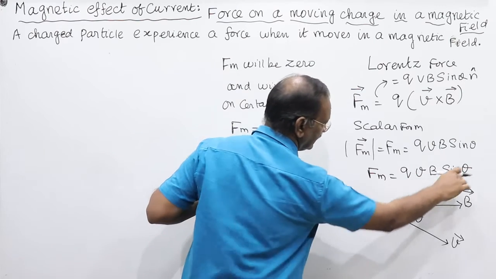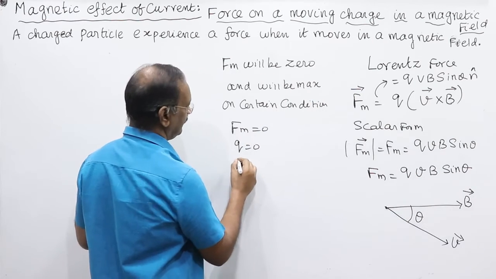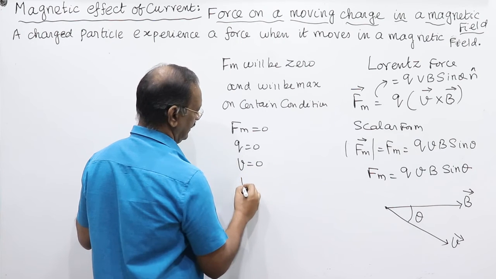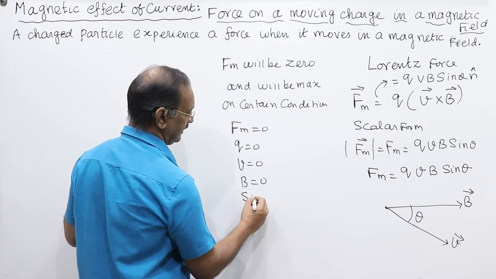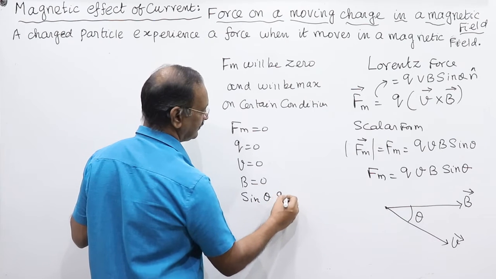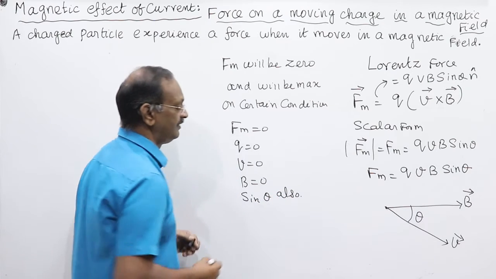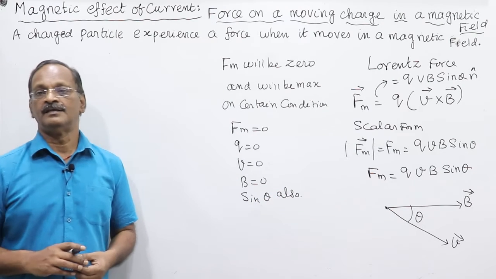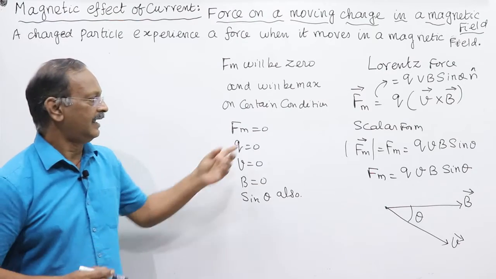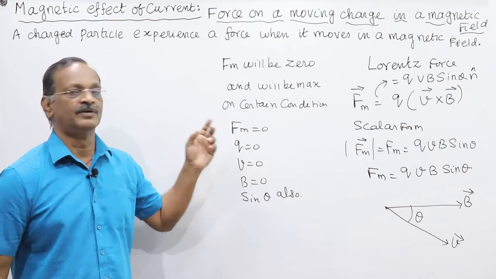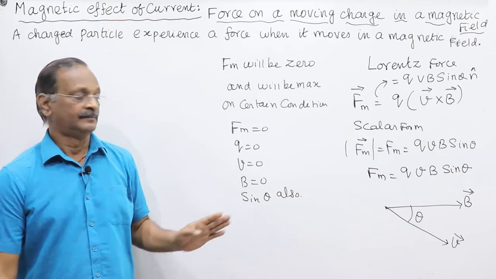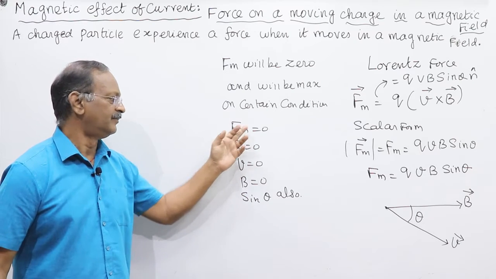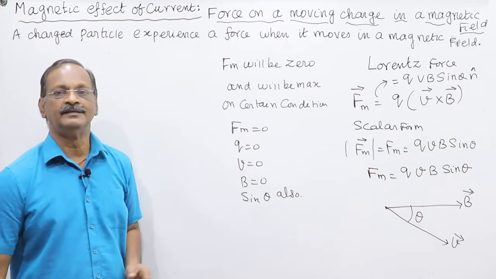When Q is equal to 0, the entire thing will become 0, and likewise when V is equal to 0 and B is equal to 0, and it also depends upon the sine of the angle. So first we will see one by one condition. The magnetic force depends upon all these factors: Q, V, B.